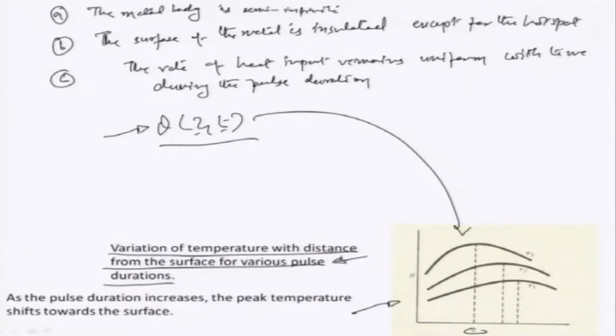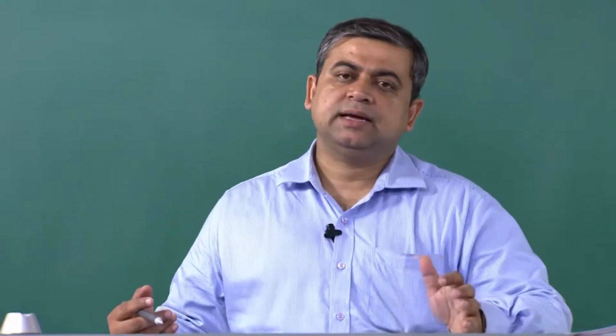So, if the pulse time is greater, for example, tau 3 is greater than tau 2 is greater than tau 1, there is a gradual shift observed of the maximum temperature point towards the surface. As if the beam transparent layer that the electrons seek through while going into the metal is decreasing because of an increase in the pulse duration.